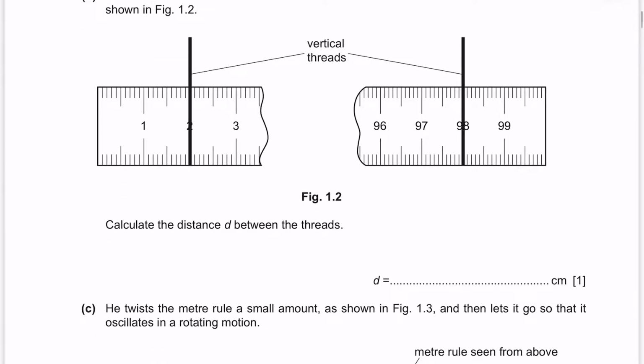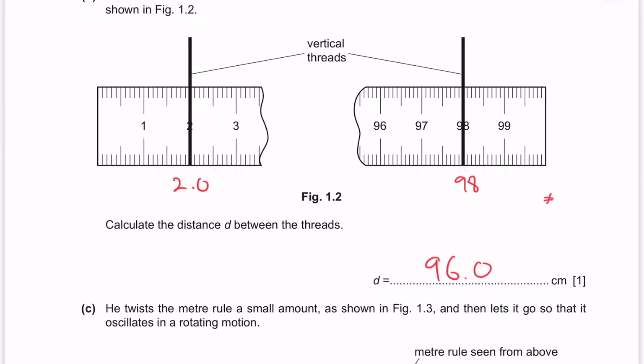Anyway, part B says the student moves the stand so that vertical threads are at the marks on the meter rule shown in figure 1.2. Calculate the distance d between the threads. So this is 2.0 centimeter, this is 98. So we will write 96, but you lose a mark if you don't write 96.0.